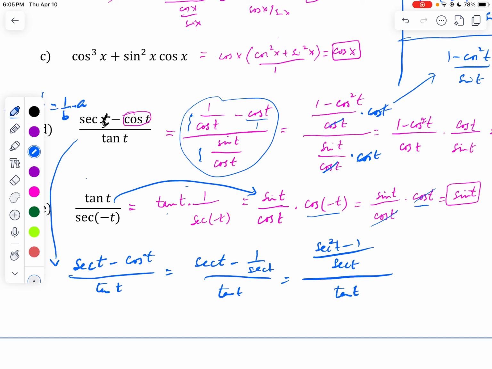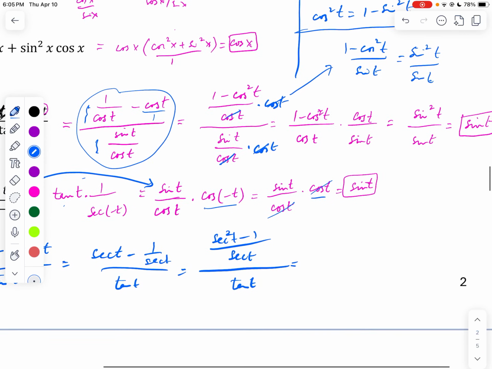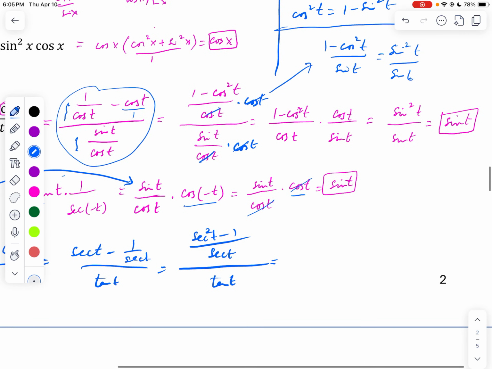Now when we try to simplify, the numerator becomes secant square t minus 1. But what is secant square t minus 1? If you recall, the first Pythagorean identity is cosine square t plus sine square t is equal to 1.